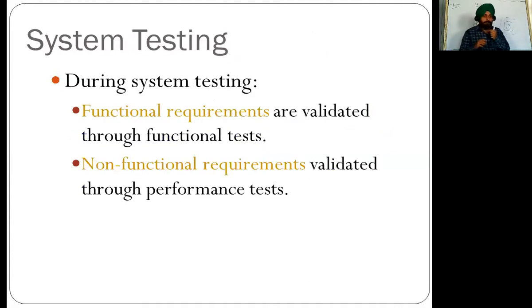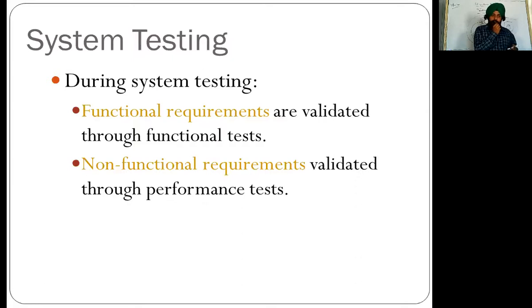Next, system testing. During system testing, all the functional requirements are validated through functional tests. What are the types of requirements? This question was in the MST also: functional requirements and non-functional requirements. Functional requirements are the high level requirements, the basic functions that your system is supposed to do.